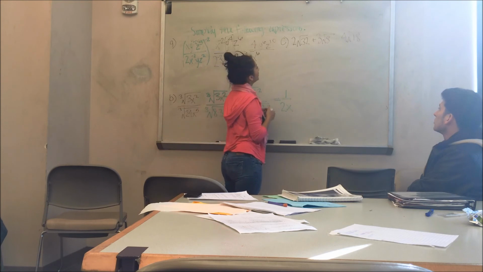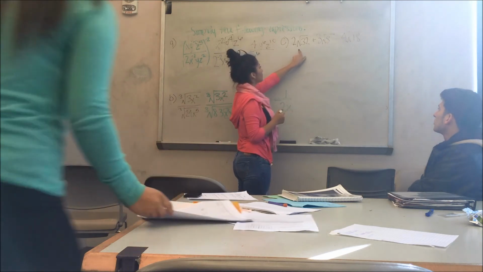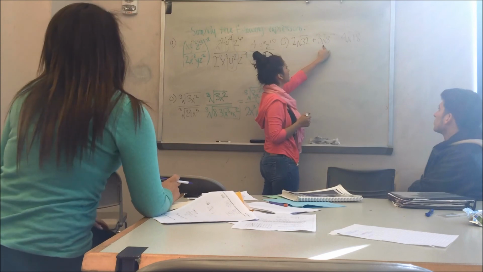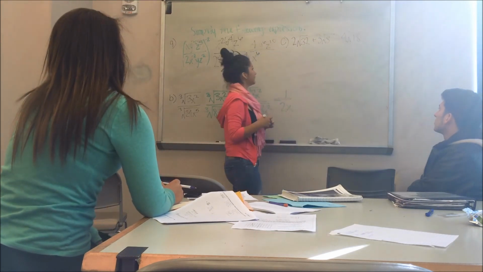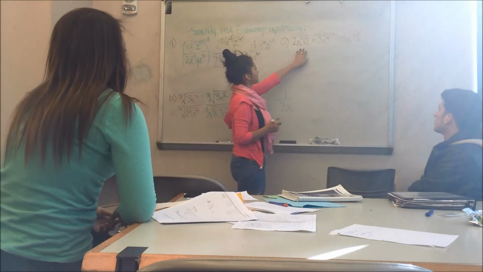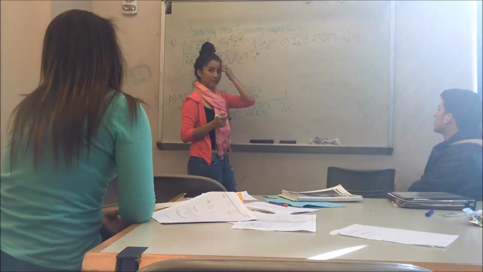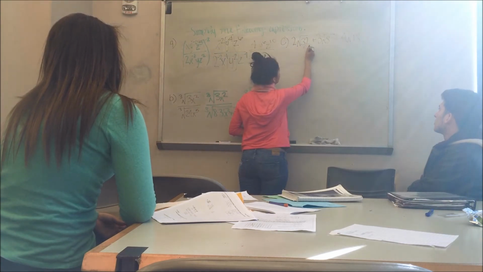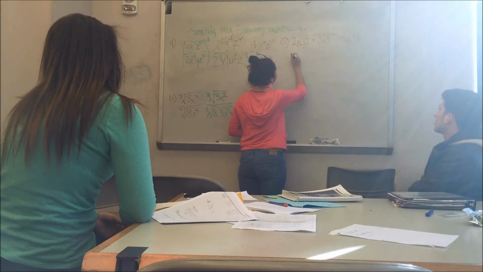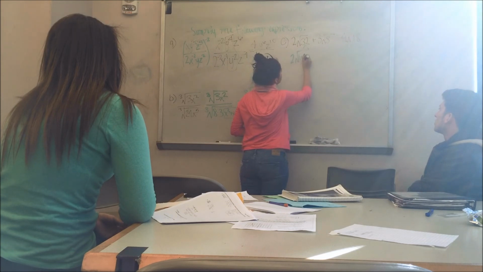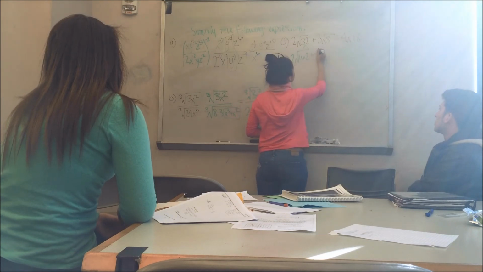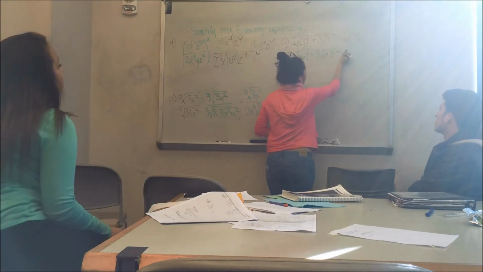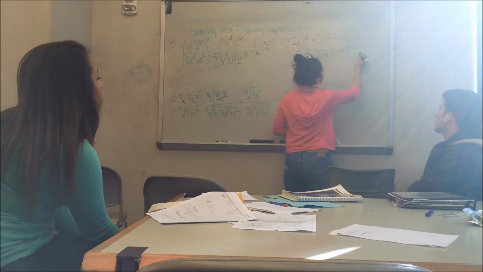For this part, it's 2 square root of 32 plus 3 square root of 8 minus 4 square root of 18. And all these numbers inside of the square roots cannot be square rooted. They don't have any perfect square roots. So what we would have to do is find 2 numbers that multiply to equal that number. And for 32, it would be 16 times 2, plus 3 square root of, what makes 8 is 4 times 2, minus 4, and then 9 times 2.